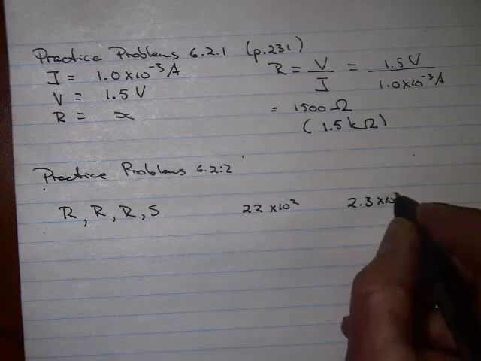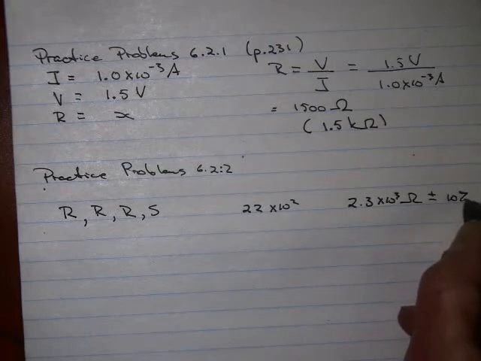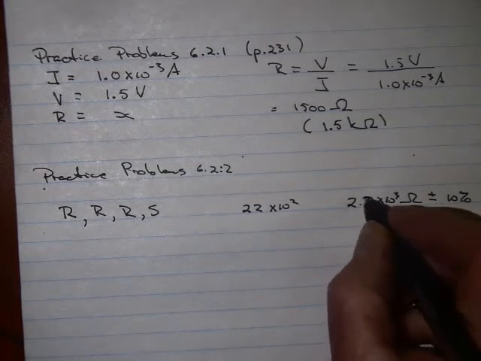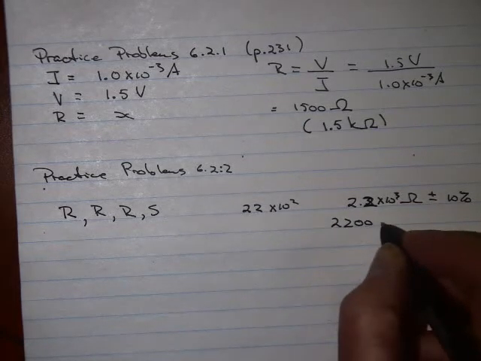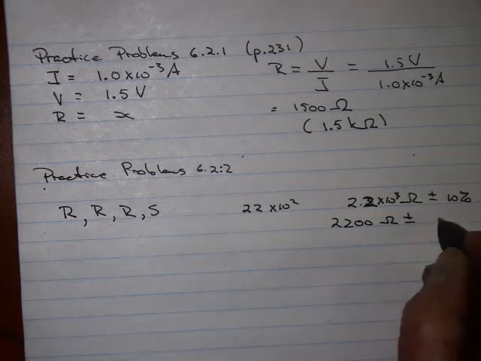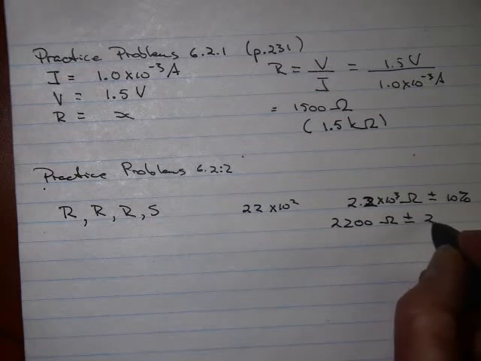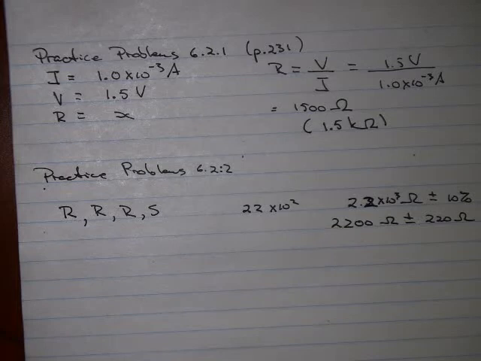You can say 2.2 times 10 to the 3 ohms, plus or minus the 10%, or 2200 ohms, plus or minus. You can either do 10%, or you can say what's 10% of that? 220 ohms. And again, the others in that group are pretty much the same. Just a little bit of practice, kind of a bit of fun.